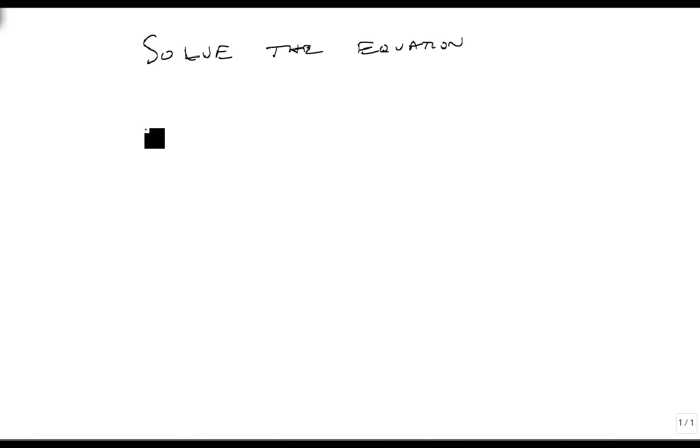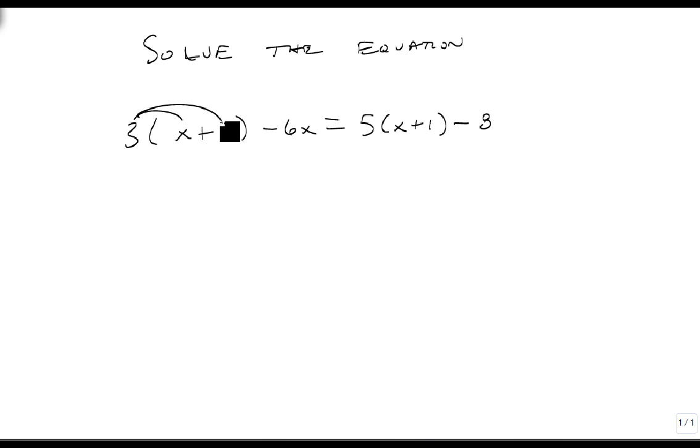So let's start with the equation 3 times the quantity x plus 3 minus 6x equals 5 times the quantity x plus 1 minus 8. So the very first thing that we're going to do is distribute. So 3x plus 9 minus 6x equals 5x plus 5 minus 8.